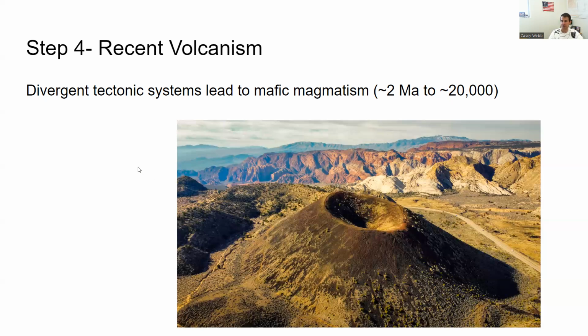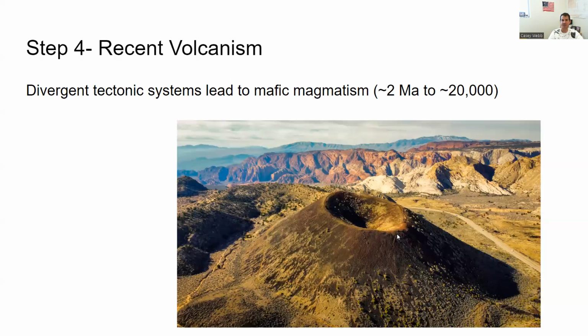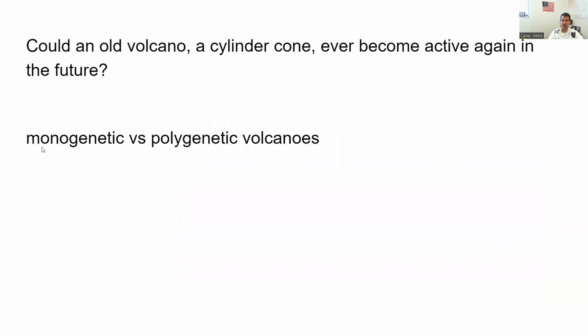All right, that leads to our last question. Could an old volcano, a cinder cone, ever become active again in the future? And the answer to that is probably not. The specific cinder cones that we encountered are basically one-time events. So I have these two words, monogenetic versus polygenetic.